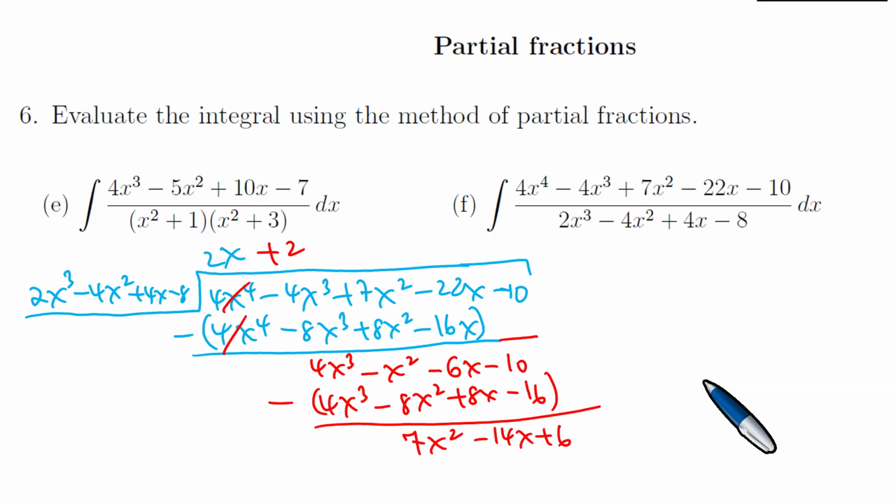So with 4x to the 4th power minus 4x cubed plus 7x squared minus 22x minus 10, 2x cubed minus 4x squared plus 4x.